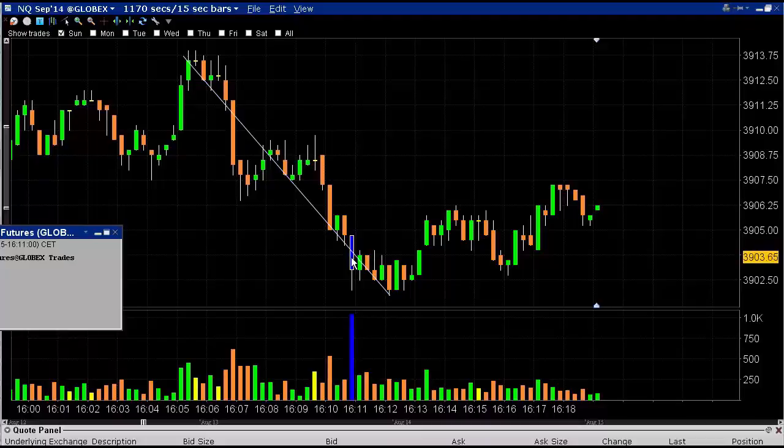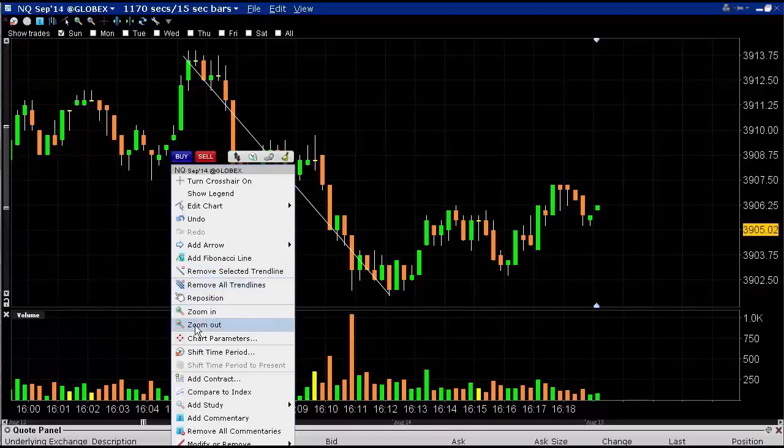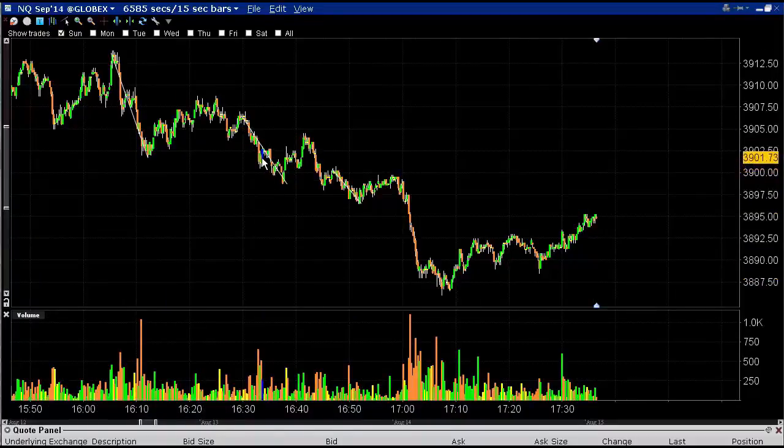And here we have a low of 175. It took out the prior low, but it did so on much less volume. So that's a divergence. Same thing here. Volume comes in way up here somewhere, as you can see with me floating over the volume, and then we have a retest on lower volume before we have the corrective wave.